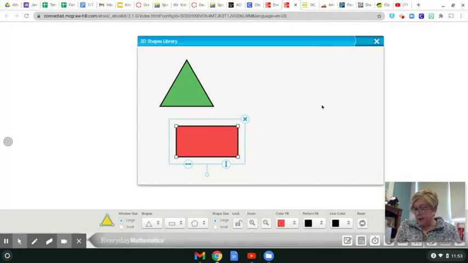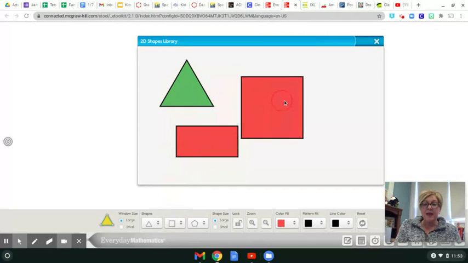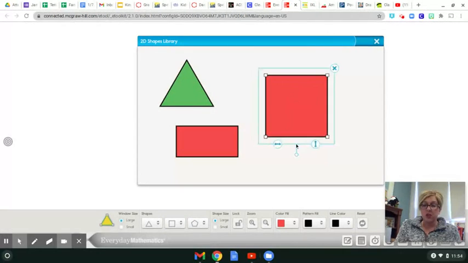Another shape that we talked about as far as two-dimensional shapes go is this shape here, and I'll change its color. We'll make it blue. Okay, this is a two-dimensional square. Again, a square has four sides, kind of like a rectangle.